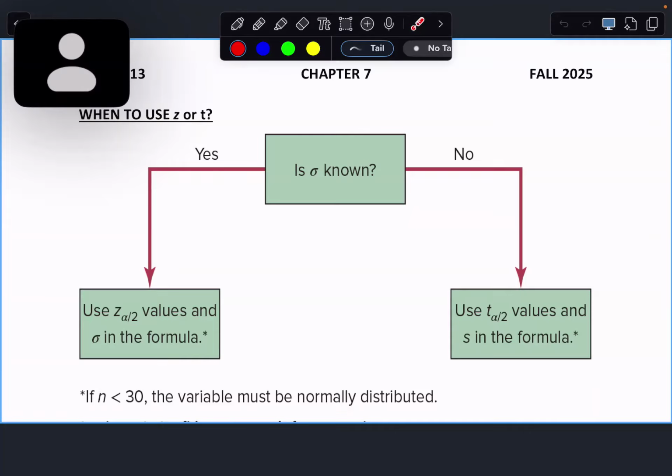When you know the population standard deviation, we will always be using the z-score critical value in our formula, and since we know the population standard deviation, we leave that in the formula. However, if the population standard deviation sigma is unknown, then you replace your z-score critical value with the t-score critical value, and you replace your sigma, which is unknown, with the sample standard deviation. Any question on this so far?